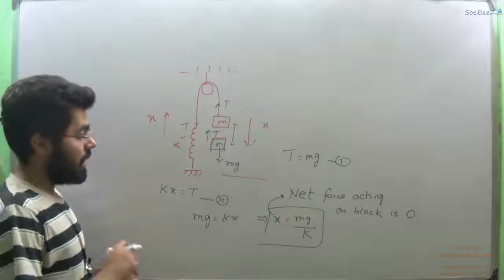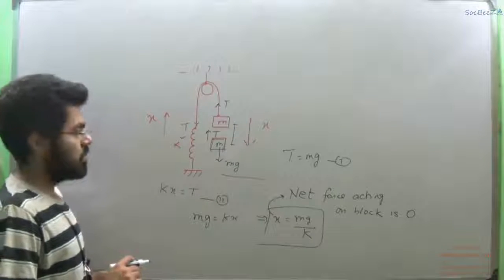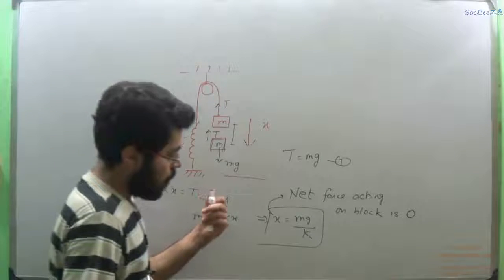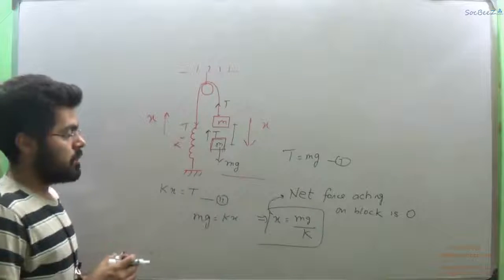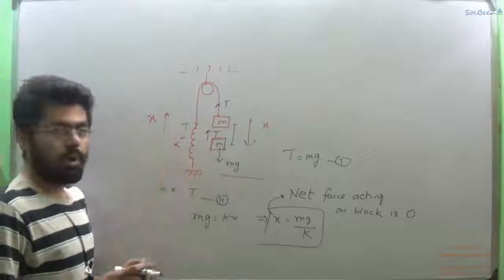Now, we are asked what will be the maximum elongation in this spring. How will we calculate that? And why will there be a further elongation in the spring when we have already found that at this point the net force acting on the block is 0?